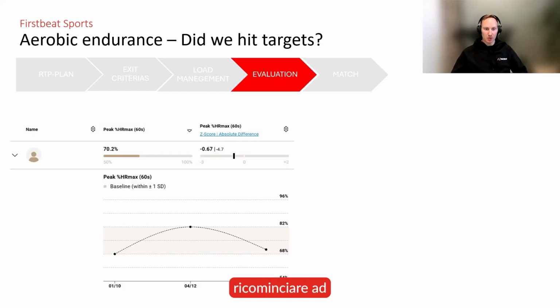You can quite nicely see that the conditioning of the athlete decreased after that 3-week break in November, and then it was around the same level in January as in October.